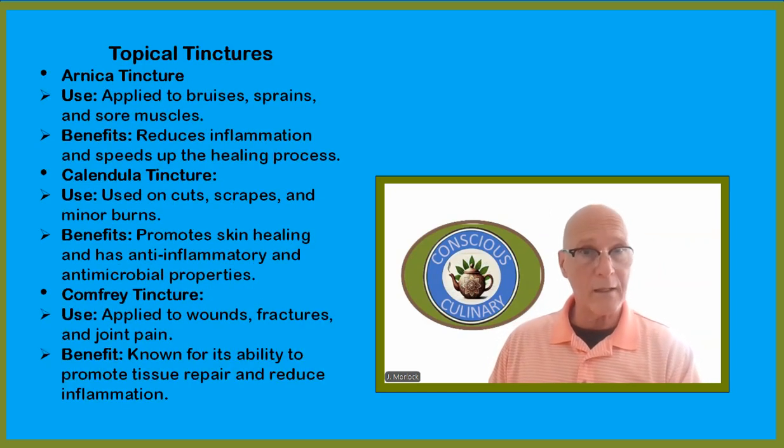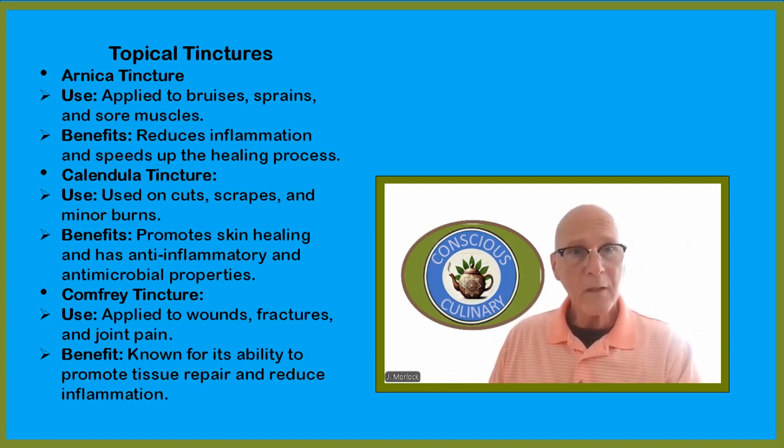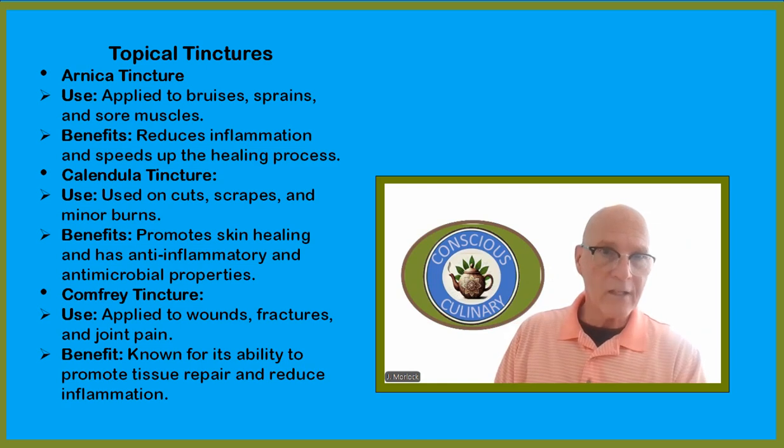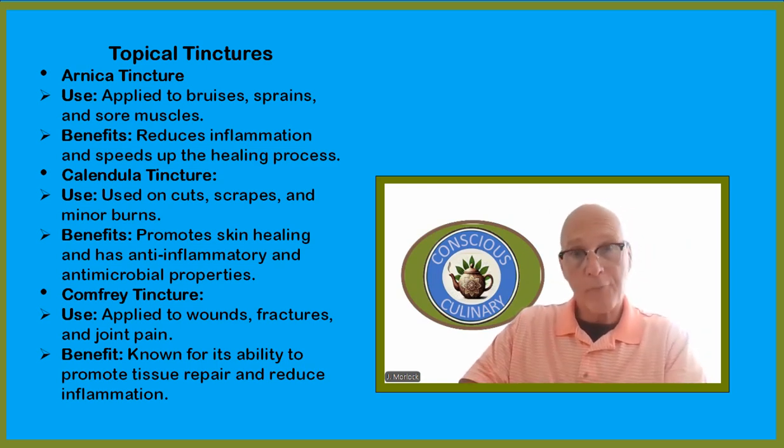And here are some common examples. There's arnica, that's used on bruises and sprains, sore muscles. There's a calendula tincture, it's for cuts, scrapes, and minor burns. A comfrey tincture, that you apply to wounds, fractures, and even joint pain.